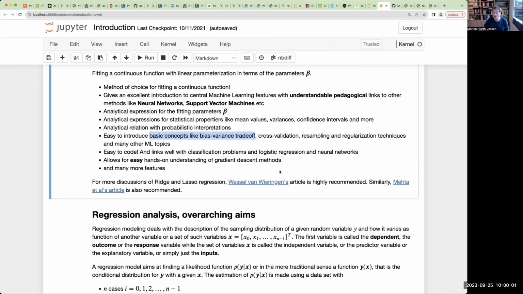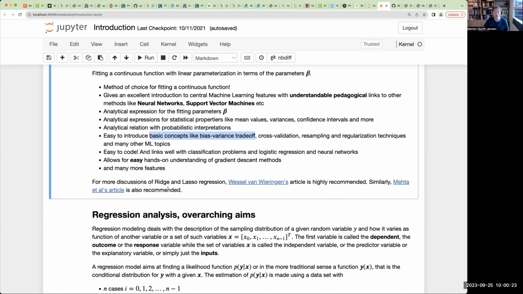For next week, I would recommend you take a look at this paper by Wessel van Wieringen, because we are going to discuss the derivatives of the cost function, so that you can see how we get the expressions we got today. And there is also a paper by Mehta et al., which I highly recommend.